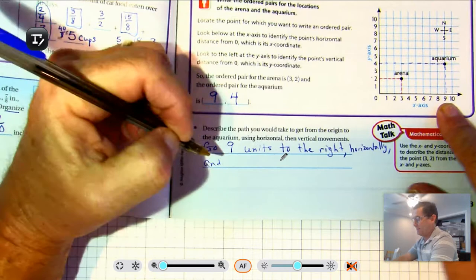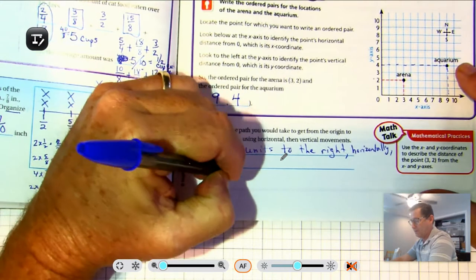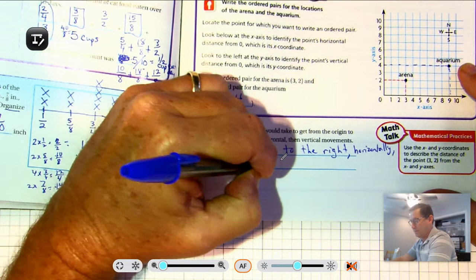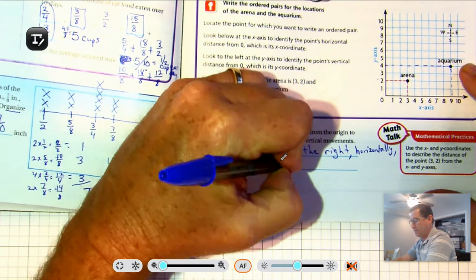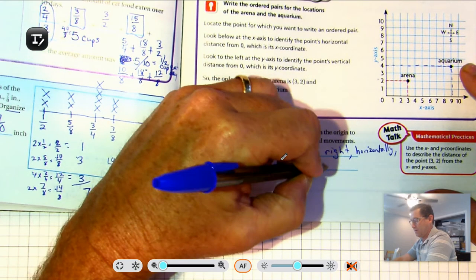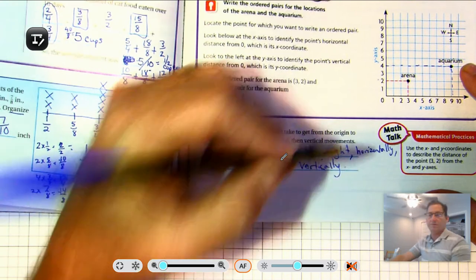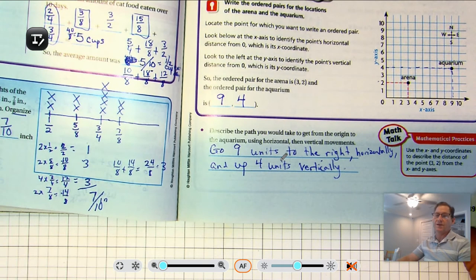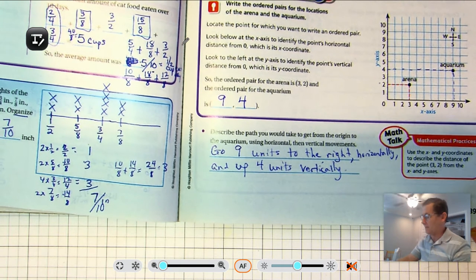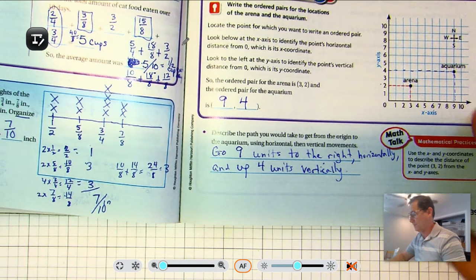And then up 4 units vertically. So that's how we basically got to 9, 4.